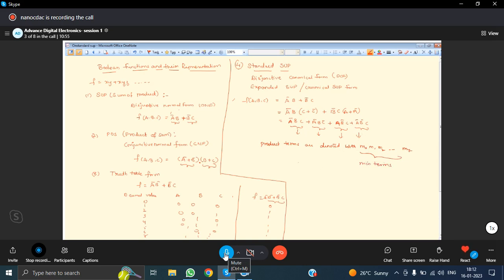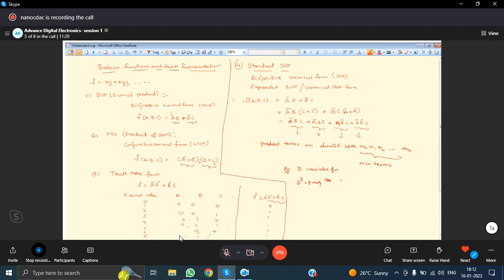So let us suppose we take a 3 variable function. For a 3 variable function, how many minterms will be there? 2 power 3 is equal to 8 minterms will be there.